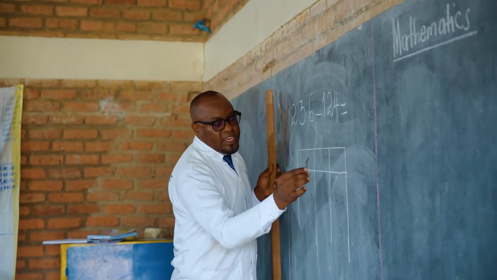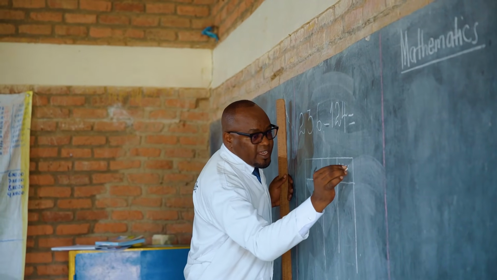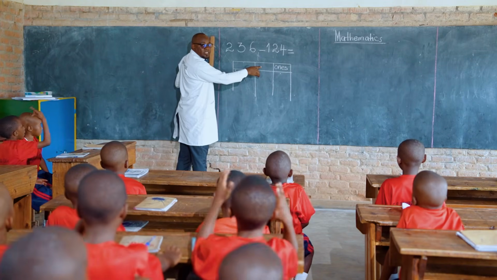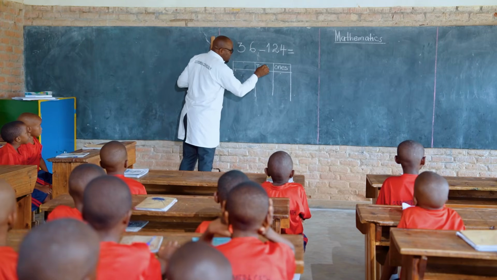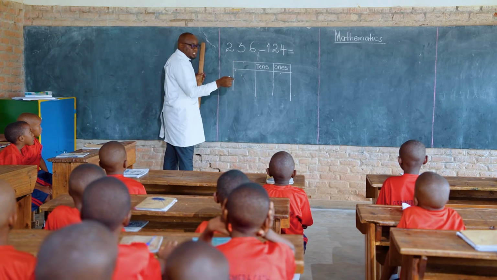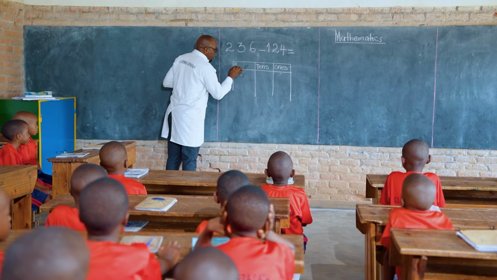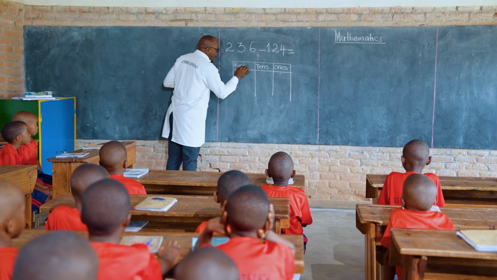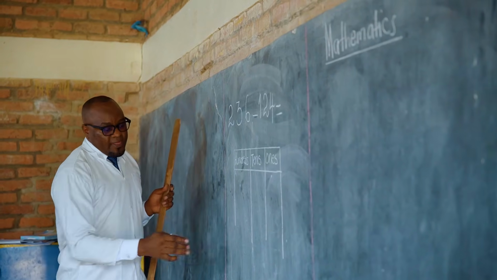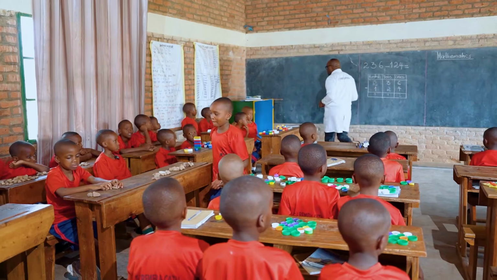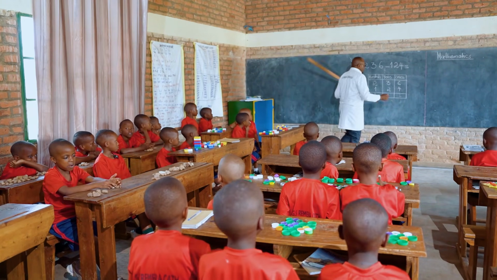This is the place of ones. These are tens, written in this box. Then this one is representing 100. This one represents hundreds. That is correct.